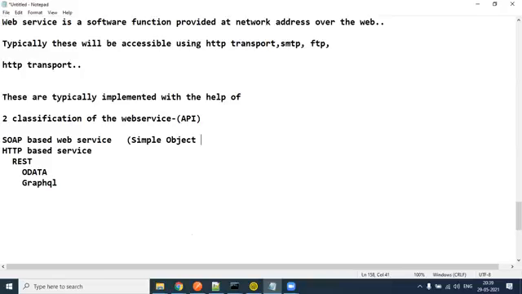I was wondering if somebody would say Service Oriented Architecture Protocol. What is the full form of HTTP? Hypertext Transfer Protocol. Very nice. Whatever browsing we do, all or the majority of it happens on HTTP only. What is REST?